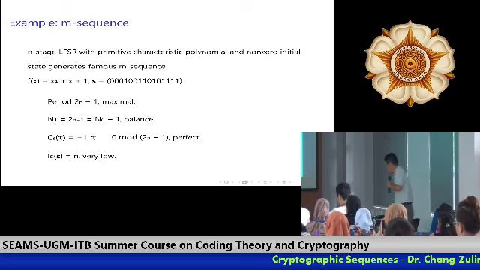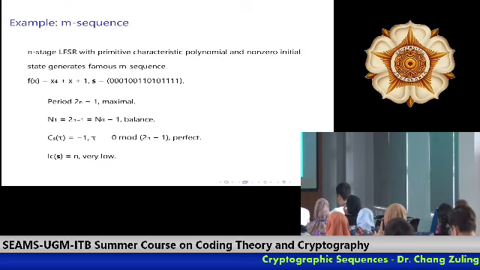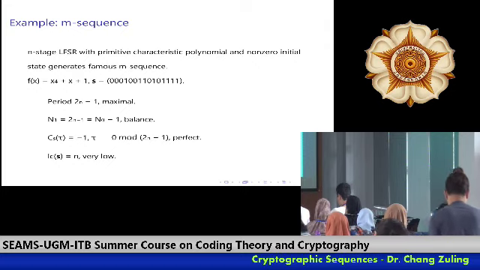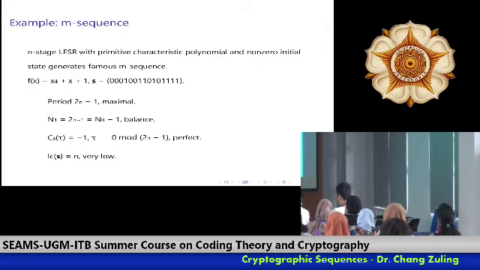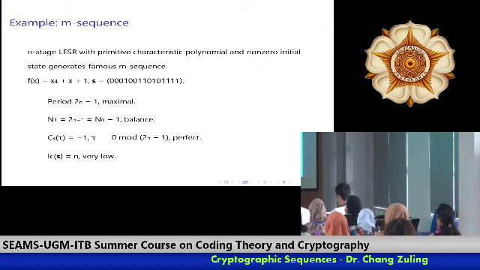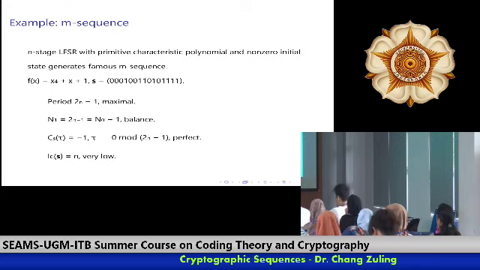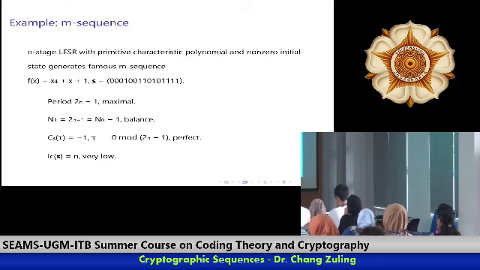So the autocorrelation of an M sequence has this form: C_S(tau) equals minus 1 if tau doesn't equal 0 modulo 2 to the n minus 1, and 2 to the n minus 1 if tau equals 0 modulo 2 to the n minus 1. That's why it's two-level.